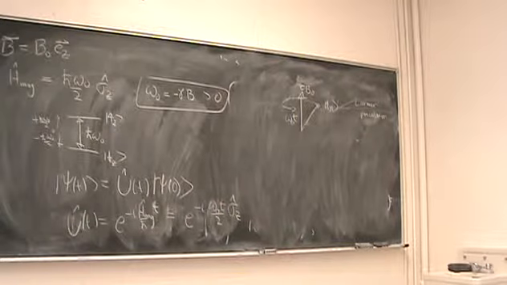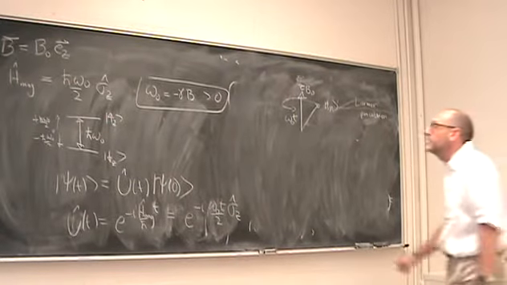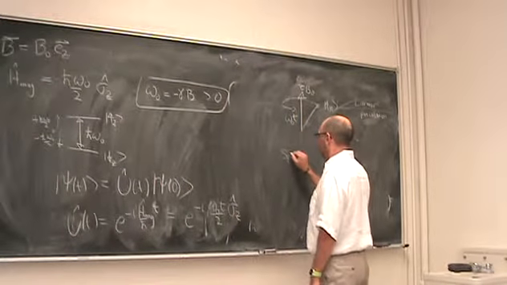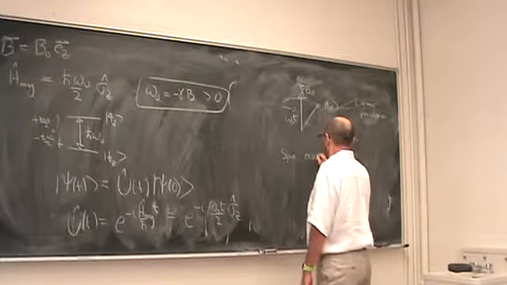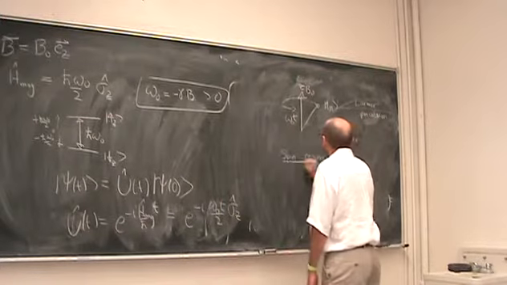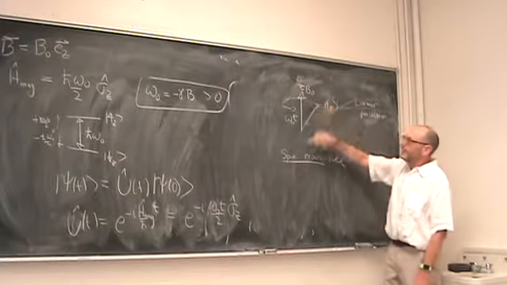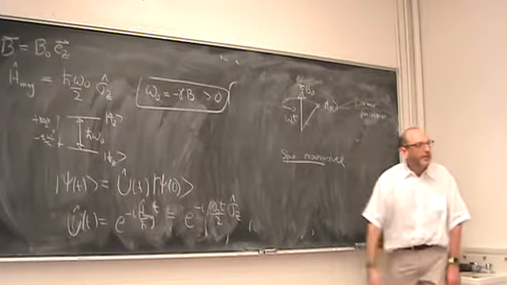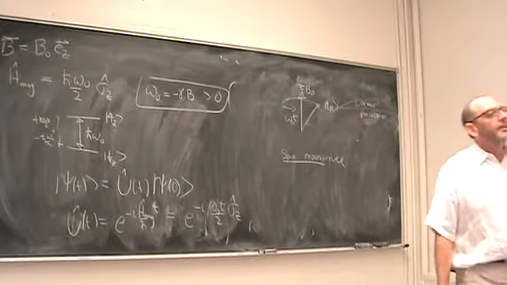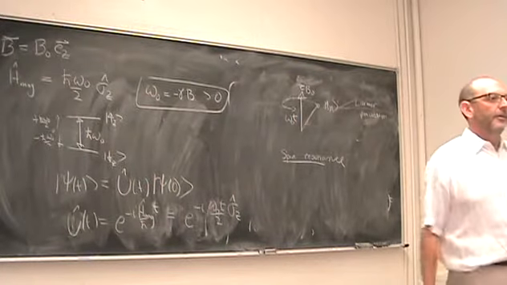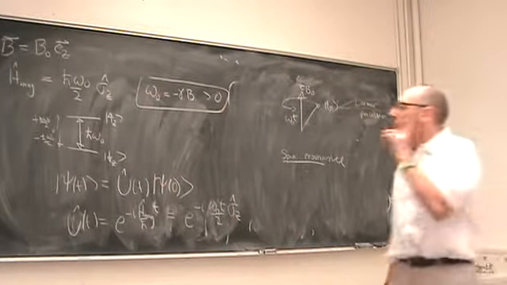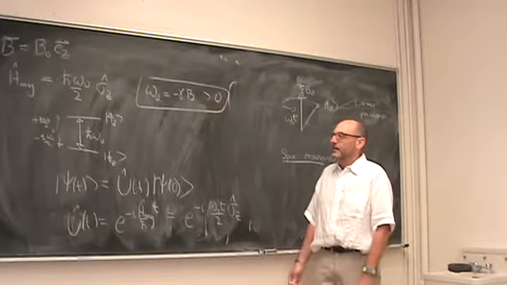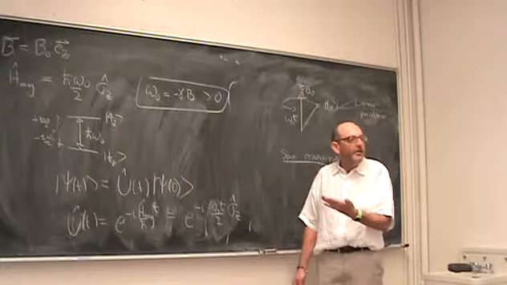Now, what we want to talk about is the notion of spin resonance. So now what I want to do is flip the spin. Make it go from spin up along z to spin down along z, right? Now, from the quantum mechanical point of view, we know how to do that, right?